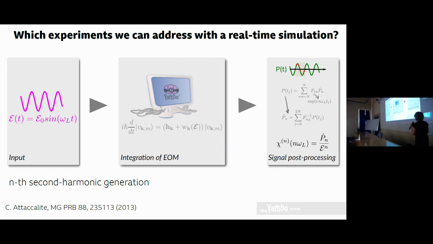We solve the equation of motion, and then we can look at a period of our polarization, and then we can sample some points, and then we can expand the polarization. We just take the Fourier expansion at each point, truncated, of course, at some order. And then we can invert that and get the corresponding susceptibilities.